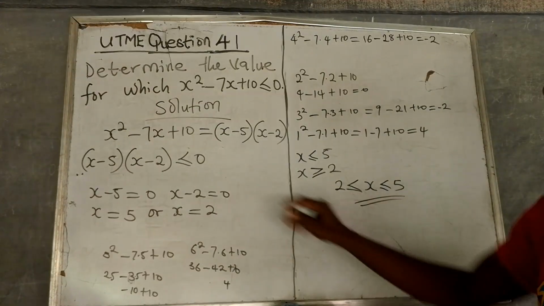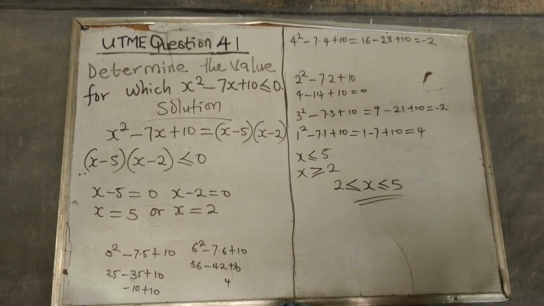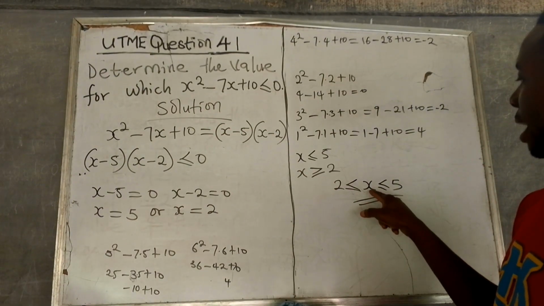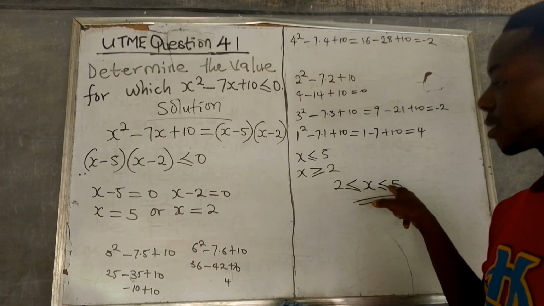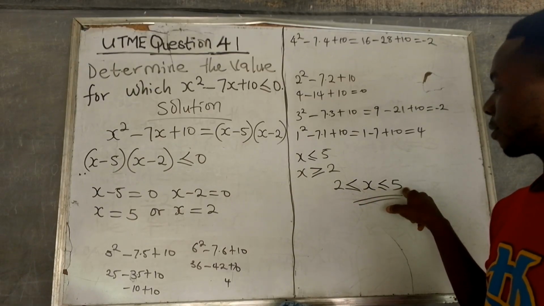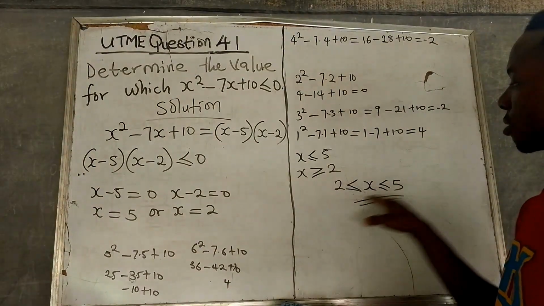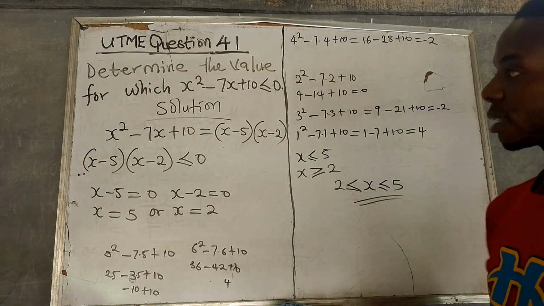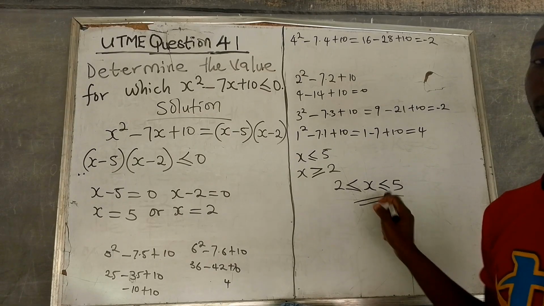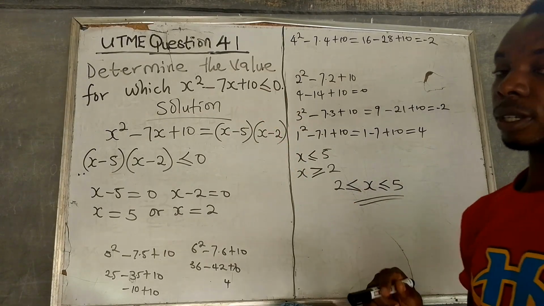Now, this is the answer to this question, right? This range is telling you that x can be greater than or equal to 2, or x is less than or equal to 5. It cannot pass this range. If it passes this range, your answer will not be correct. So this is the value of x in this question.